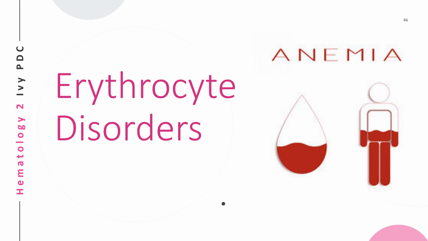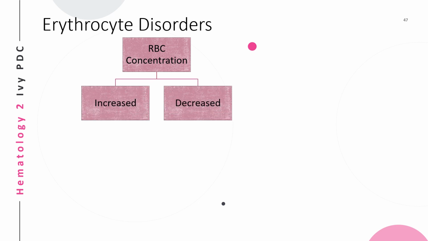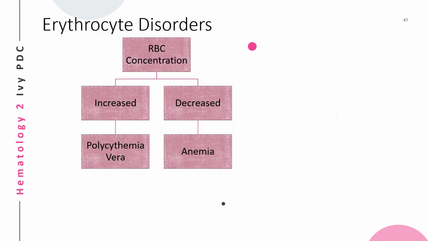Next, we have the different erythrocyte disorders. First, we can differentiate the erythrocyte disorders starting with RBC concentration. It can either be an increase or a decrease. Increased erythrocyte concentration would be polycythemia vera, and a decrease would mean anemia.